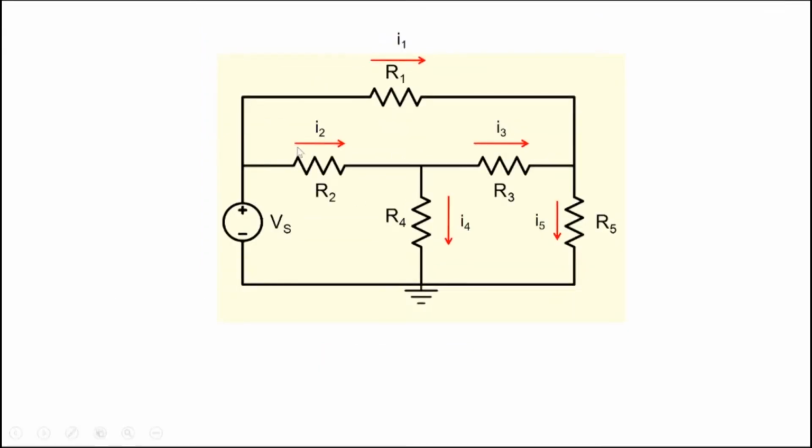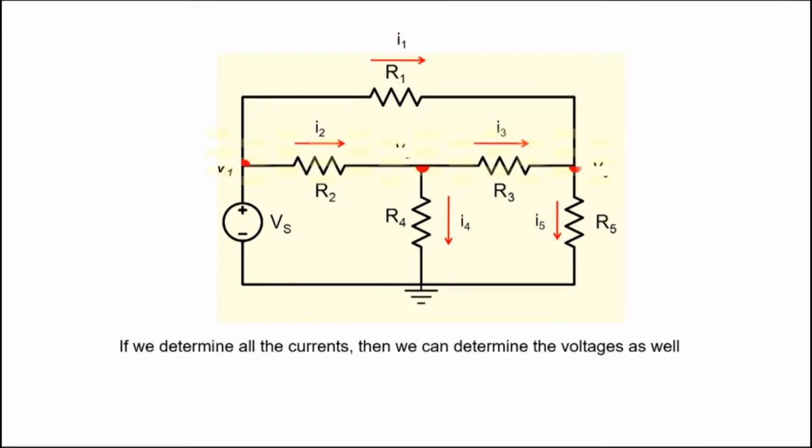Similarly, for example, if let's say by some method, I determine all these currents, I1, I2, I3, I4, I5, if I determine all the currents, then we are saying, well, you can determine everything else in the circuit. For example, you may be interested in knowing the voltage here, right? So you may be interested in knowing, let's say, what is the voltage V1 at this particular point.